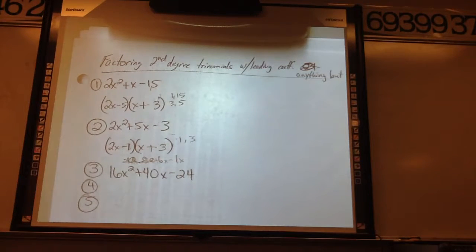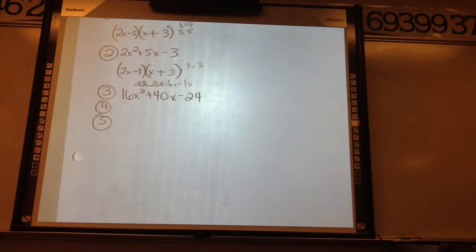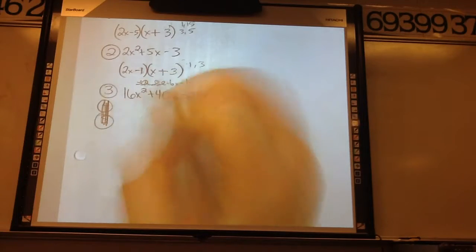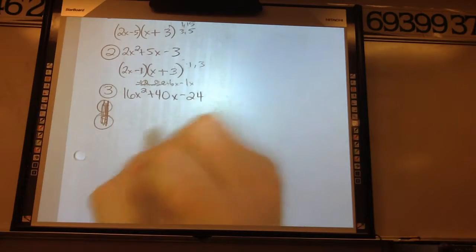No. Actually, wait. This isn't complicated. If you don't do the first step first, it's complicated. You can put 8 and 2, or 4 and 4, or 1 and 16.